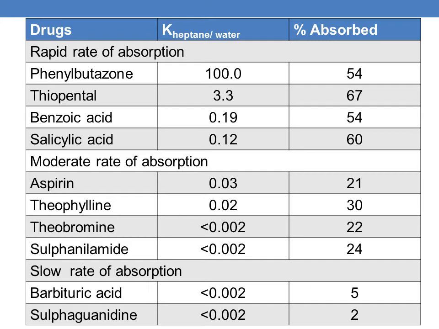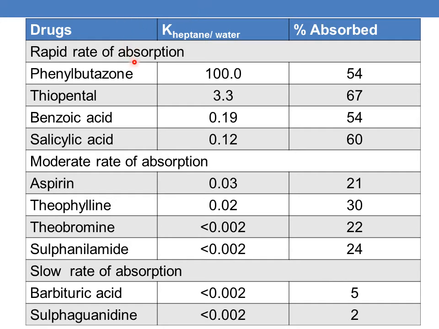When we consider here, these are the examples of rapid rate of absorption. The partition system here is heptane and water; the partition coefficient is determined in the heptane and water system, and this indicates the percentage absorbed, and here are the drugs.